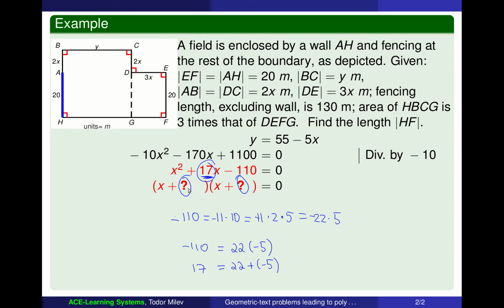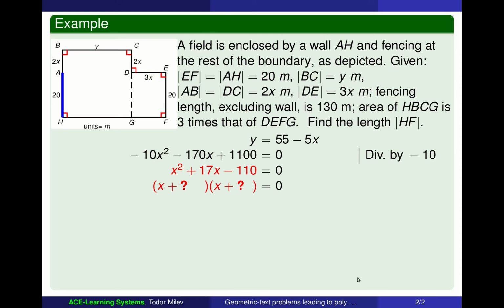So I think that in my factorization, the numbers should be negative 5 and 22. Did you guess that correctly? Yes. x minus 5 times x plus 22.